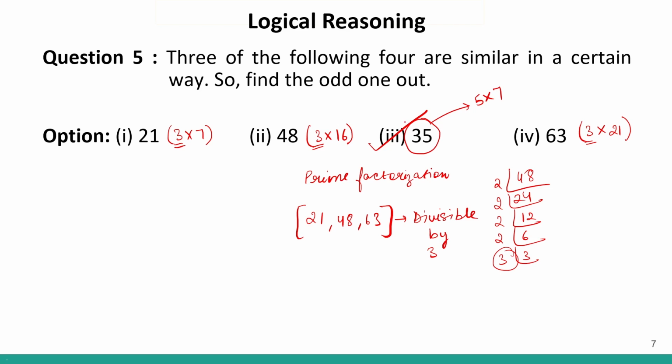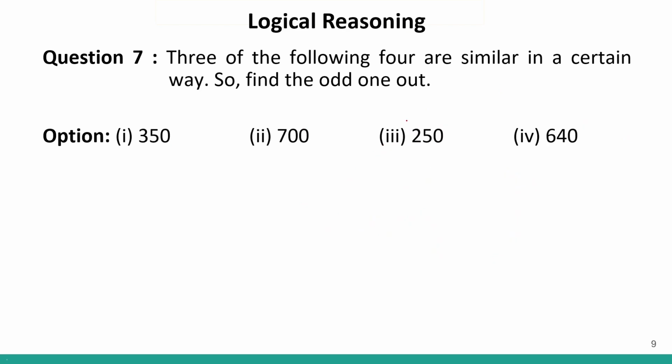Okay. Now, question number 6. So in question number 6, I can see 121, 130, 110 and 154. If I look at these numbers, is 154 a perfect square or a perfect cube? No. Is 110 a perfect square or a perfect cube? No. Is 130 a perfect square or a perfect cube?